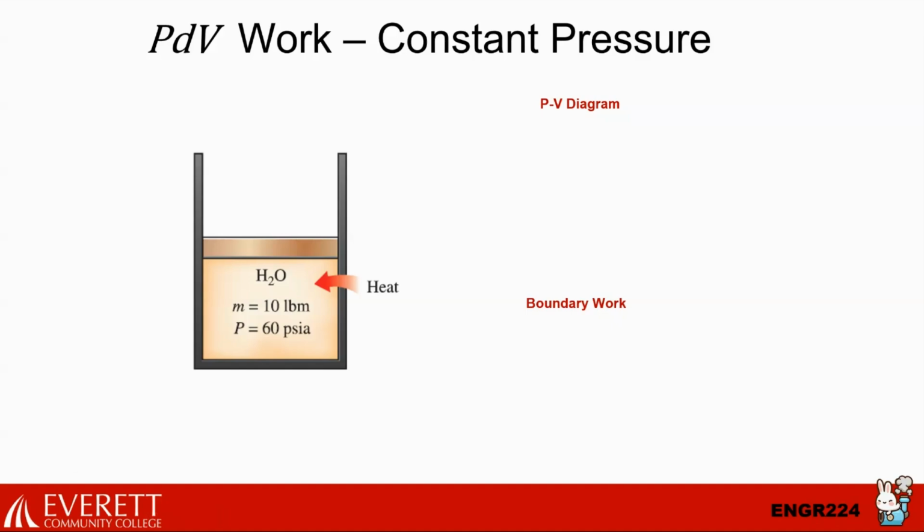So if I say I've got a PV diagram, we're going to start using these a lot more extensively. So I'm going to use little v, specific volume. I could use big V, but we're going to start getting in the habit of using, I'm sorry, little v.